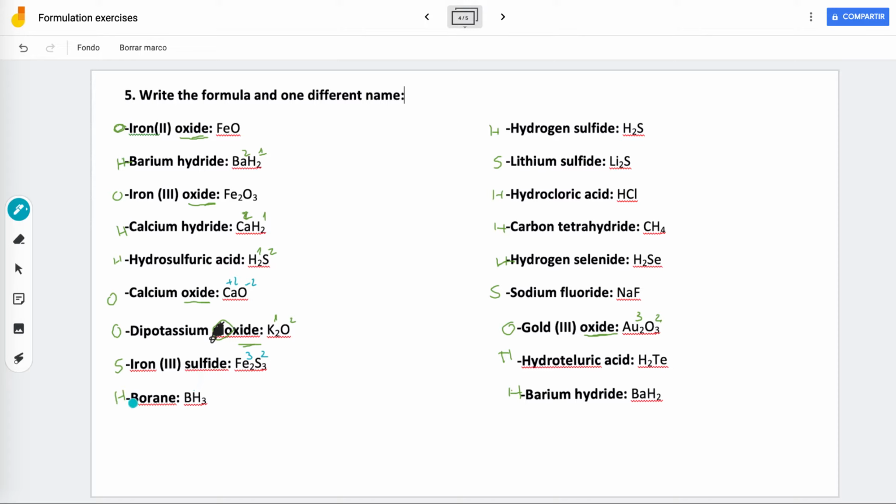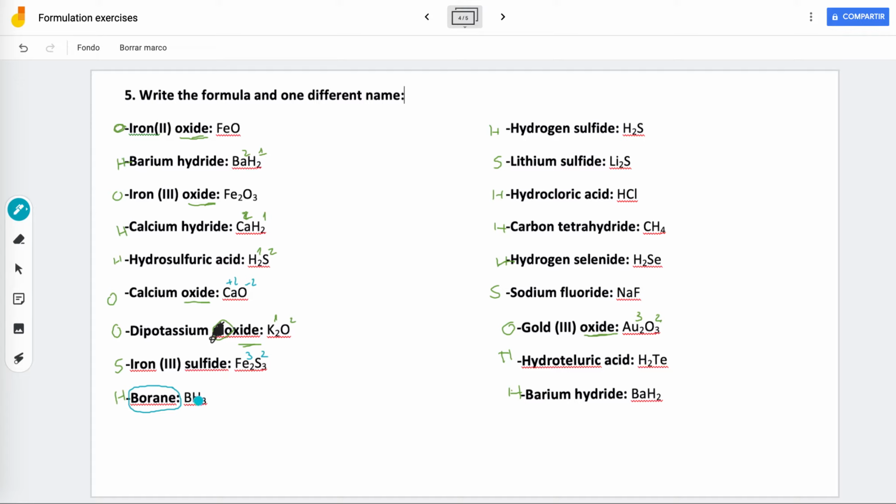Borane. This is a commercial name that we need to remember by heart. Yes, borane. We don't have any other examples of commercial names. Okay, so that's no problem.